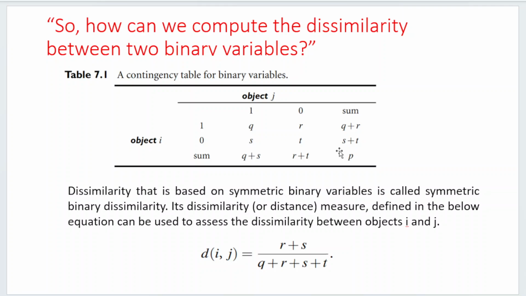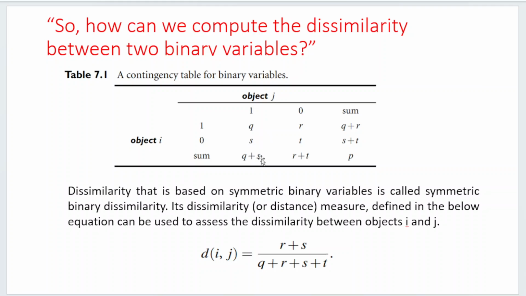To compute the dissimilarity matrix for two binary variables, I am going to maintain a contingency table for the binary variables. What is that contingency table? The contingency table consists of object i and object j, where the rows and columns are 1 and 0, with sums. The table can be represented with a few letters: q, r, s, t.